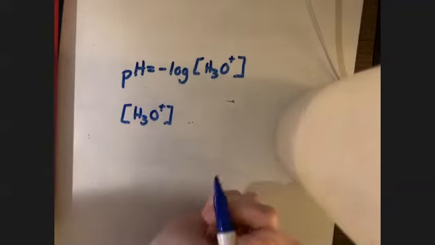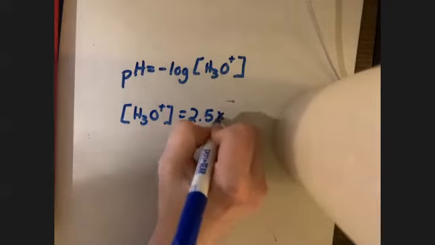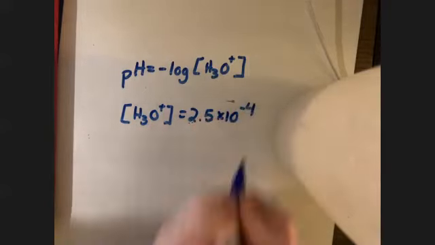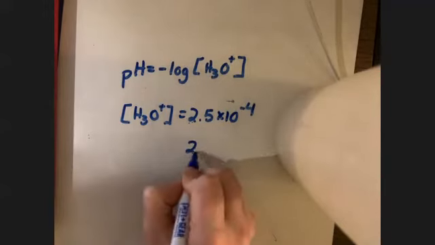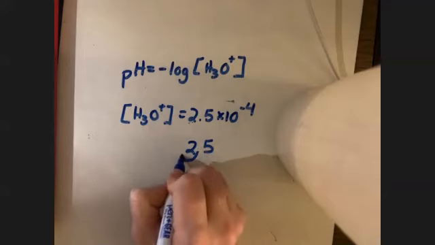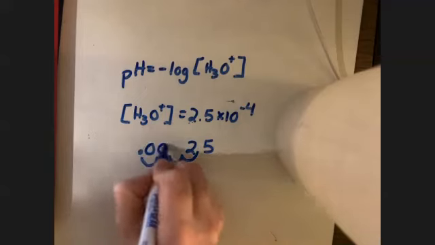So they ask us, and I'm going to keep our formula up here, to find the pH of something if H3O positive, our hydronium ion, is 2.5 times 10 to the negative 4. Let's talk about that 10 to the negative 4. That means we are at 2.5 and we have to back up 1, 2, 3, 4 spots.